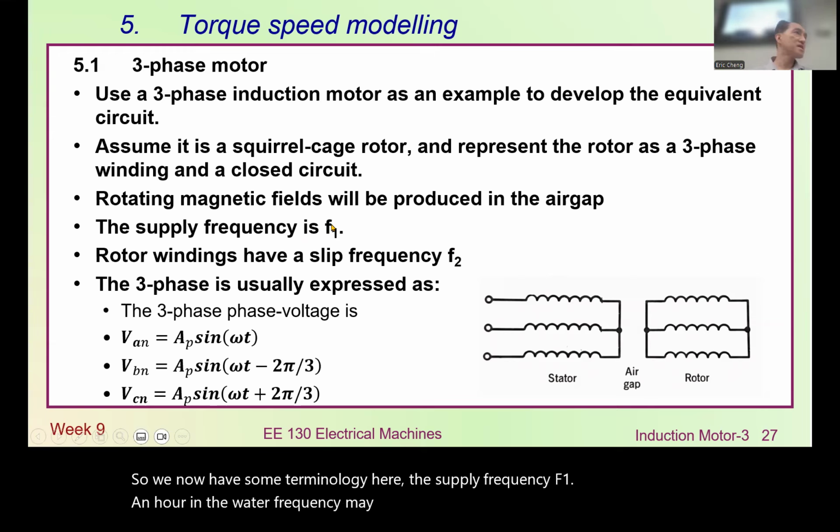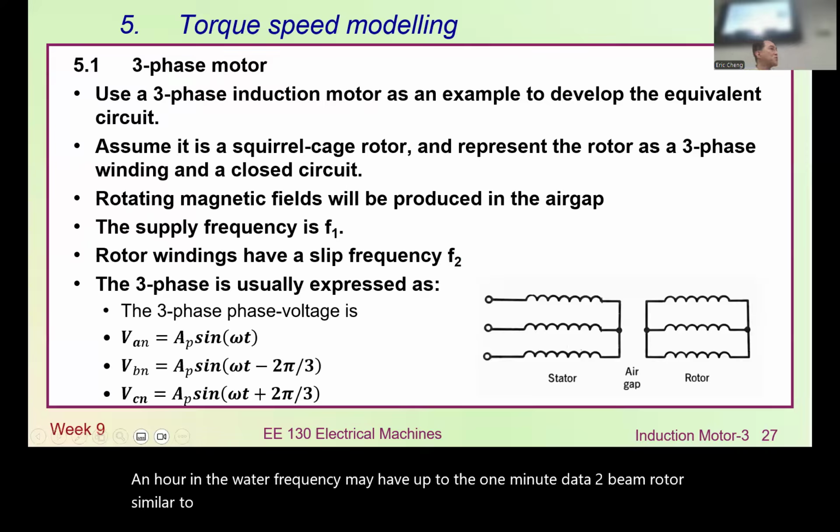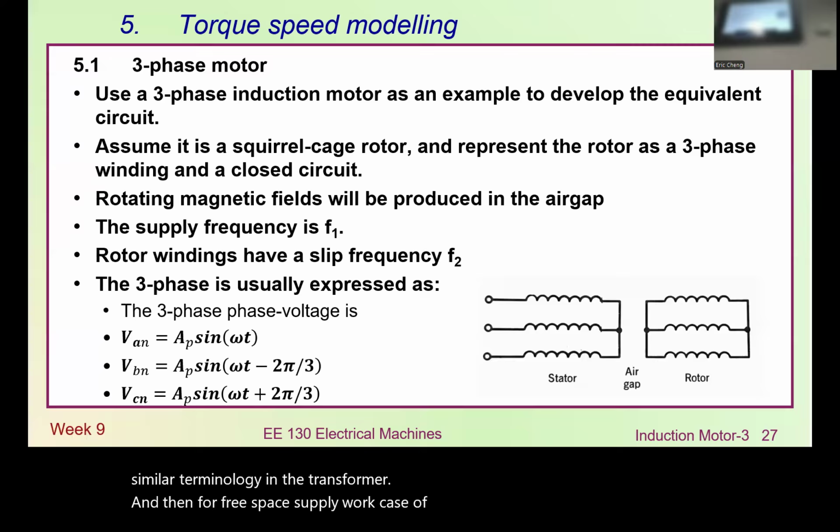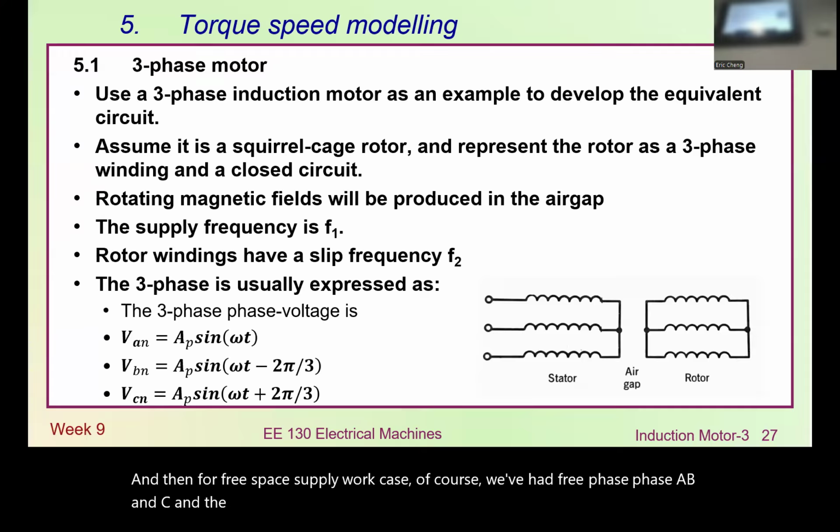So 1 is the stator, 2 is the rotor, similar to the primary circuit and secondary circuit in the transformer. We use similar terminology as in the transformer. And then for the 3-phase supply voltage, of course we have 3 phases, phase A, B, and C, and the voltage we supply to them must be in this format, different by 120 degrees.